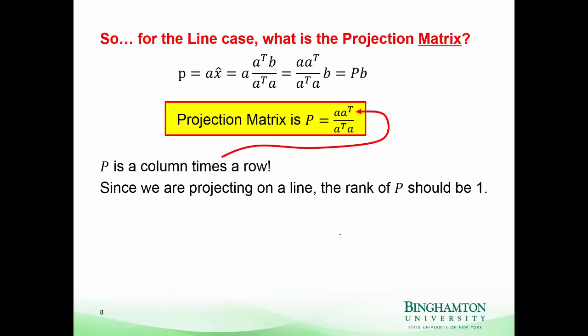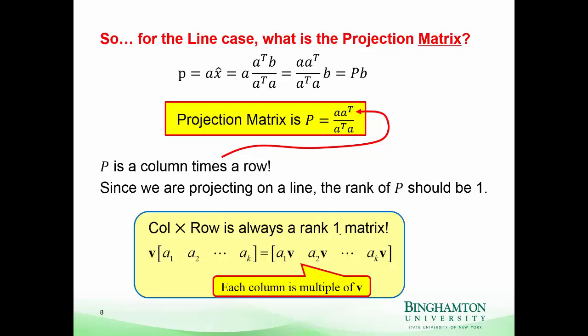So the rank of P has got to be 1. And so we actually have this interesting result, which we can show another way, that anytime you have a column vector times a row vector, you get a matrix, and the rank of that matrix is always 1. And let's just see why that is.